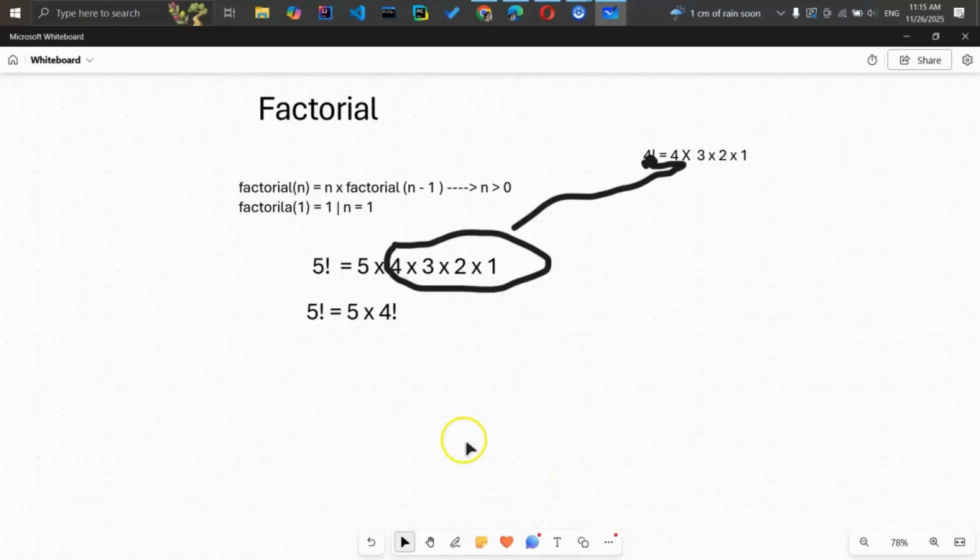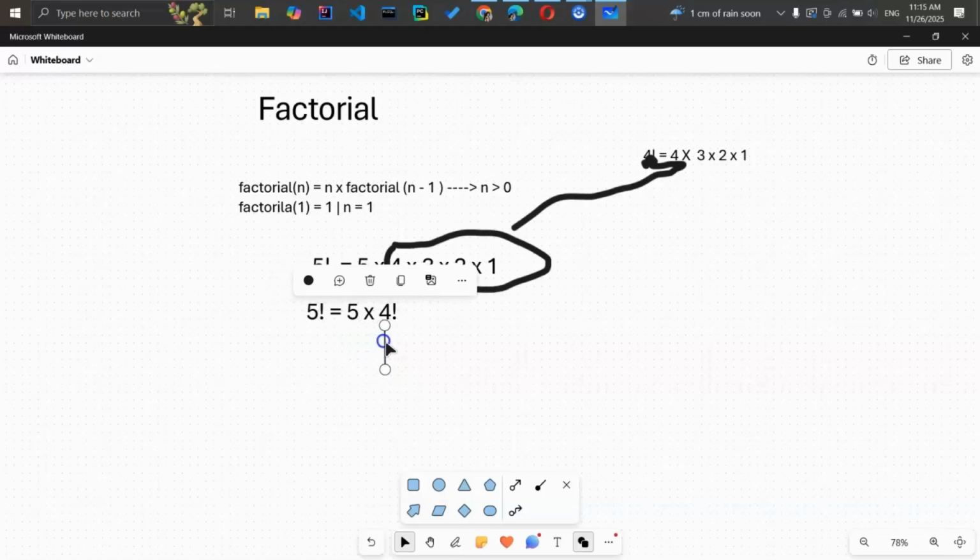Now we can represent factorial 4 like this, right?